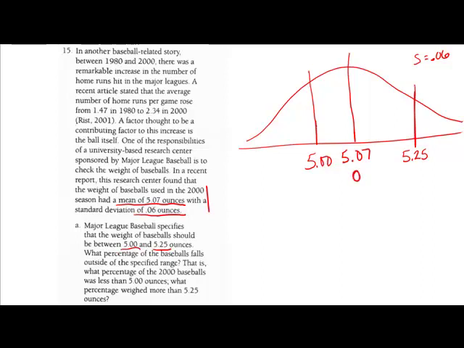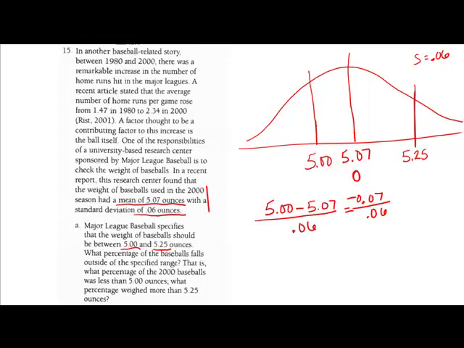That's our z-score 0 because it's our mean. 5.00 minus 5.07 gives us negative 0.07 divided by 0.06.